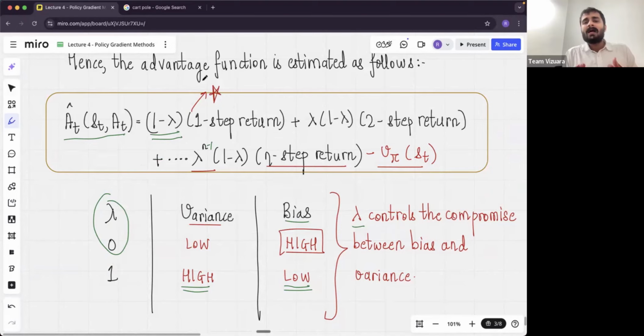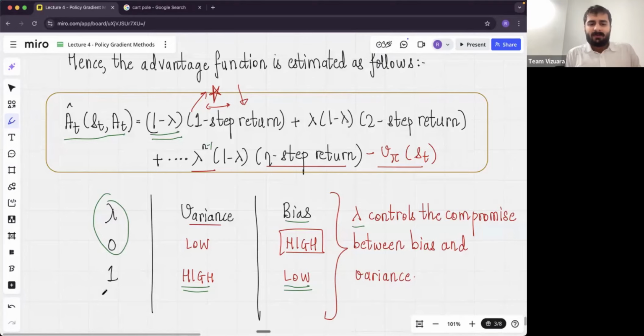And that is highly biased. Why are you focused on term number 1? Why are you not focused on the second step return or third step return? So this is extremely biased. But at the same time, it has a very low variance because I have only one single term to add. So it has high bias, but it has low variance.